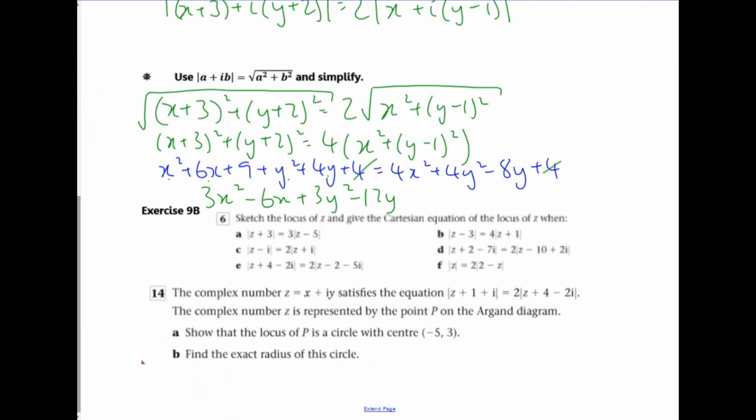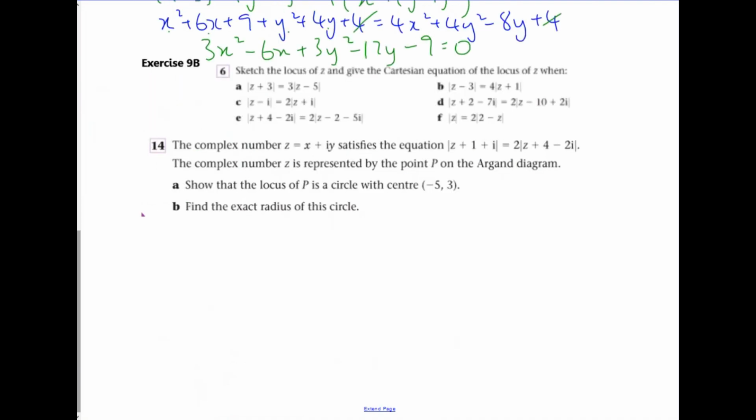And that number across. Right down here, just make it more space. So I'm going to divide everything through by 3 to make my life easier. So I've got x squared minus 2x, plus y squared minus 4y, minus 3 equals 0.